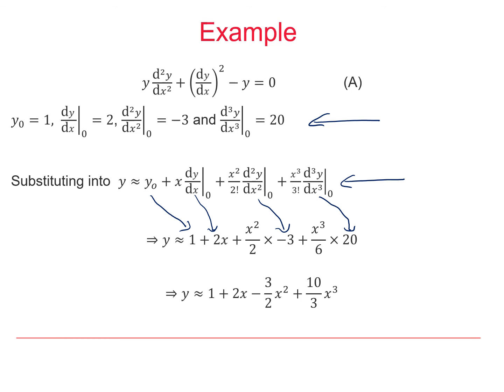And we have a 2 factorial and a 3 factorial here. Simplifying those numbers, we end up with 1 plus 2x minus 3 over 2 x squared plus 10 over 3 x cubed. And that's our approximate series solution for y for this differential equation.